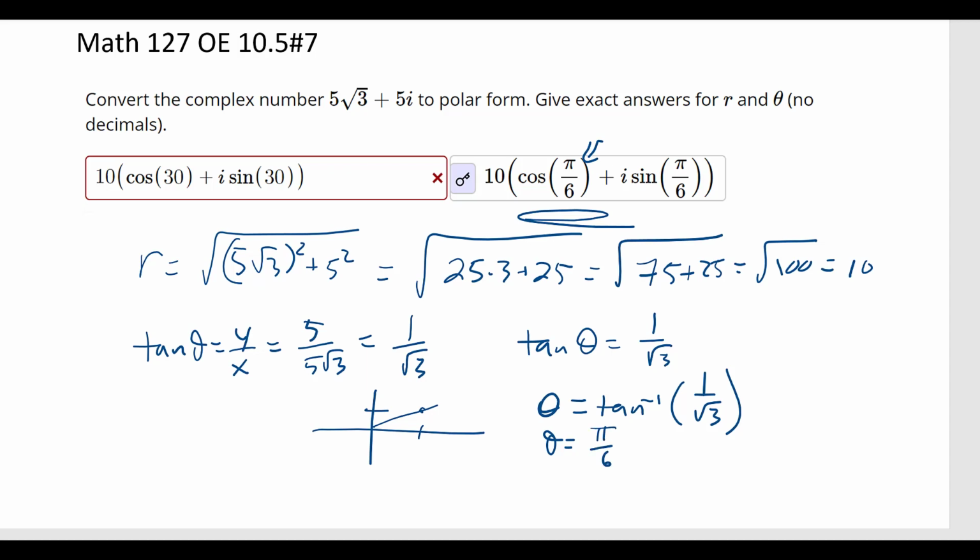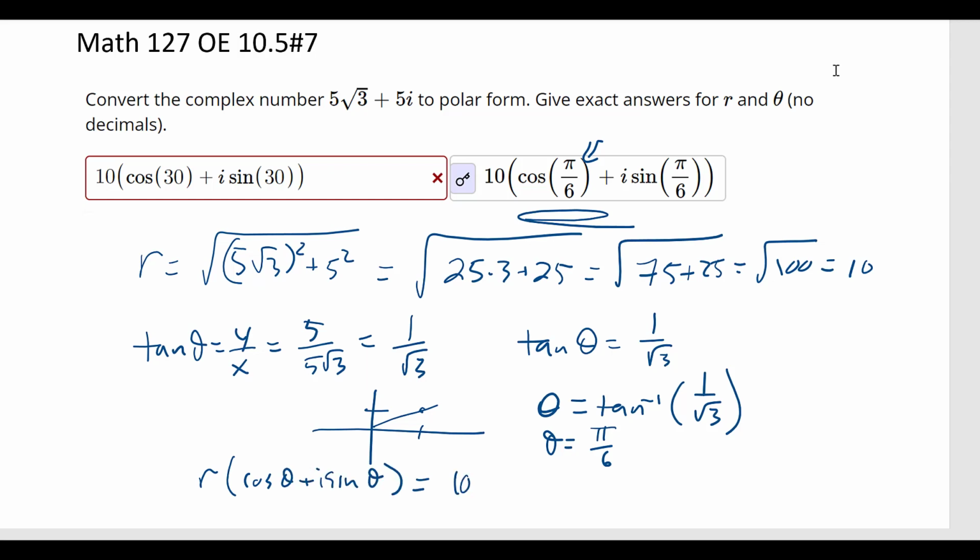Now if you hadn't memorized the values and you had to use the calculator to get this, that's a tough one because it's not going to give you pi over 6 unless you had a TI-89, you could put it in exact mode, or the TI-Nspire CAS. So that's how we get these values. It ends up being r times cosine of theta plus i sine theta.